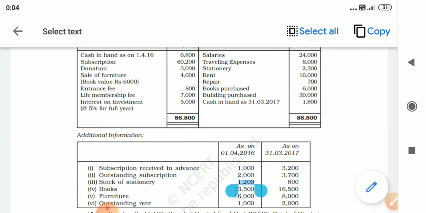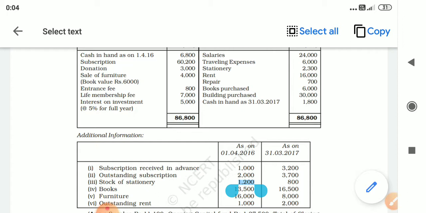We are discussing question number 9, isn't it? Stock of stationery, yes, 2,700. So this 2,700 will appear in the expenditure side of income and expenditure account. You have to write the heading cost of stationery or stock of stationery consumed.